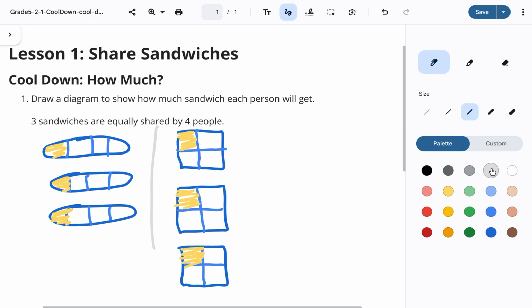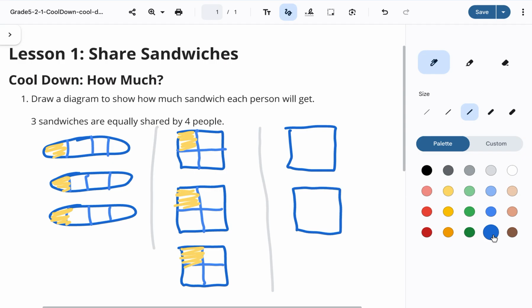The first diagram just is more of a sub-sandwich shape, and the second diagram is really more of an area model idea. The last way that I do want to show that I see students model this, and I want us all to hopefully see our thinking in this key.